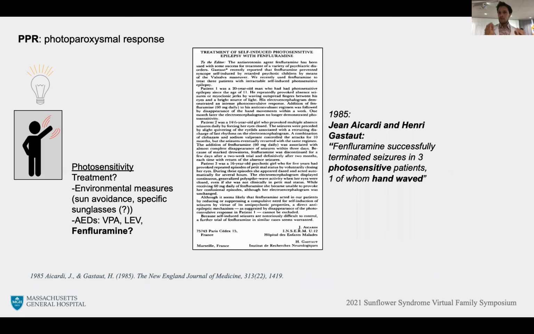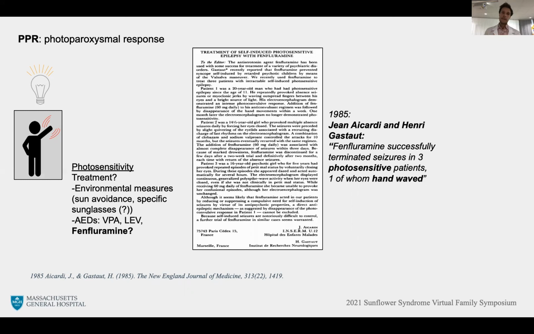We need further research, but if we go back in time, for example, in 1985, there was already a treatment described, fenfluramine, that successfully terminated seizures in 3 patients with photosensitive epilepsy, and one of them was hand waving. So probably this patient had sunflower syndrome, and fenfluramine was very effective.